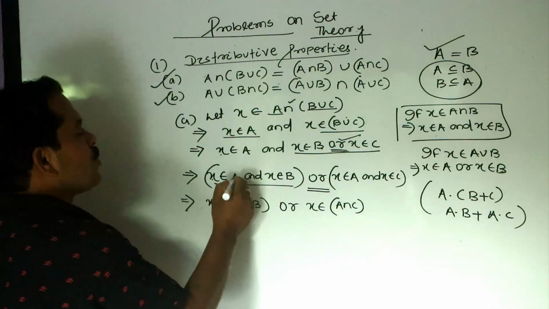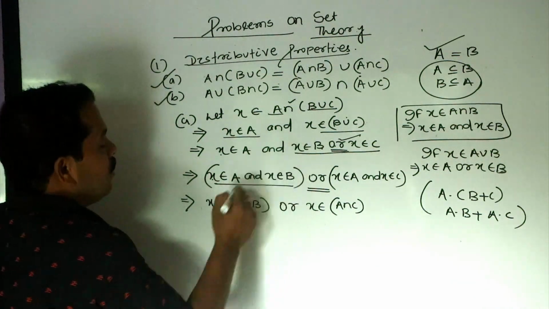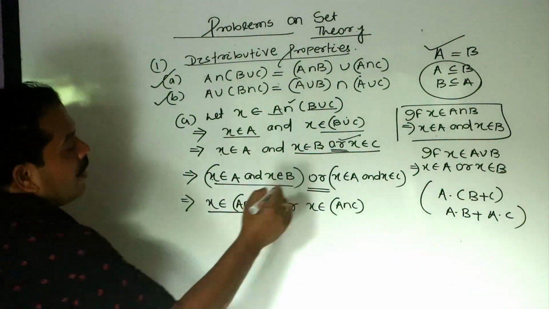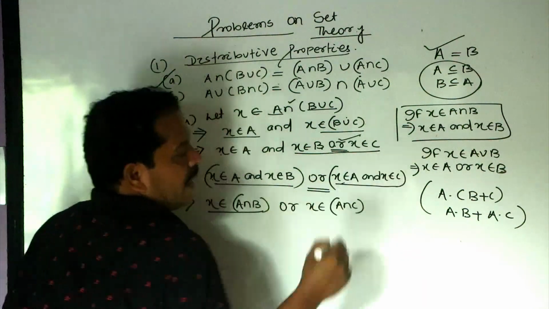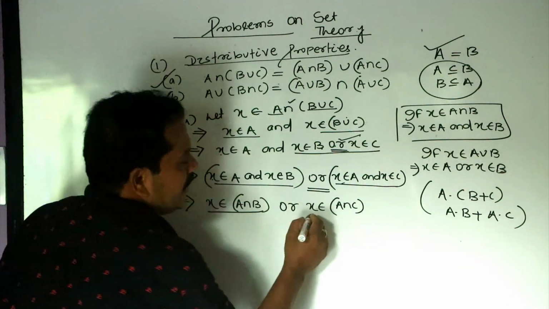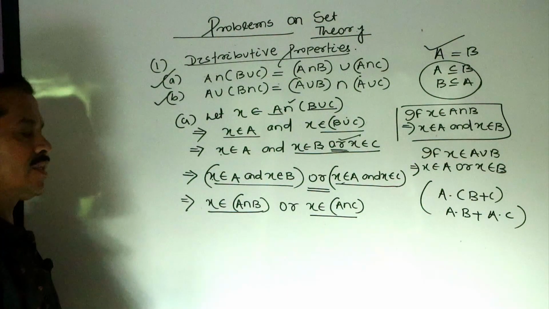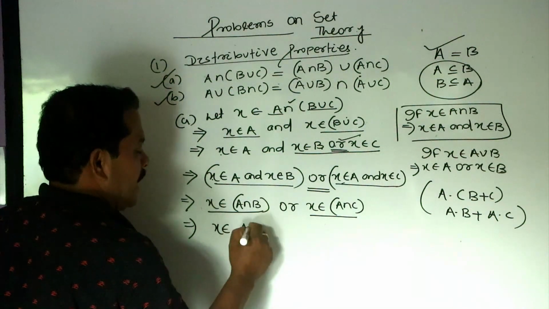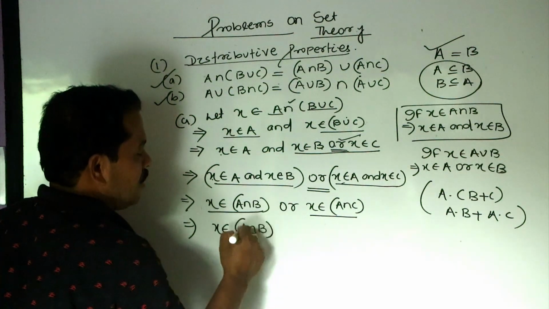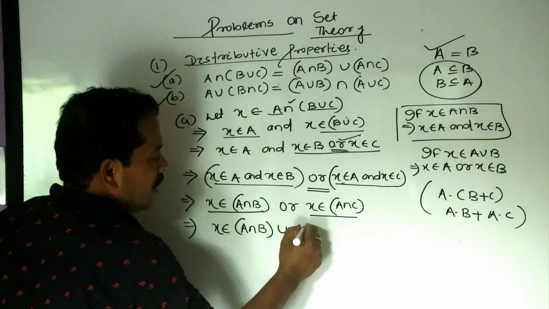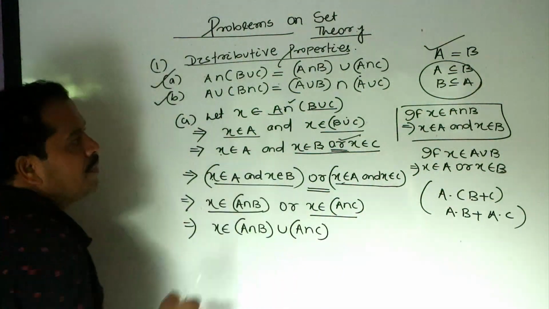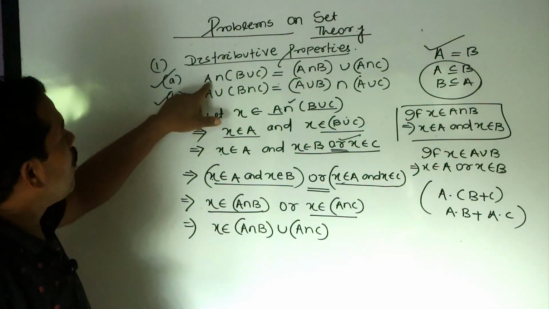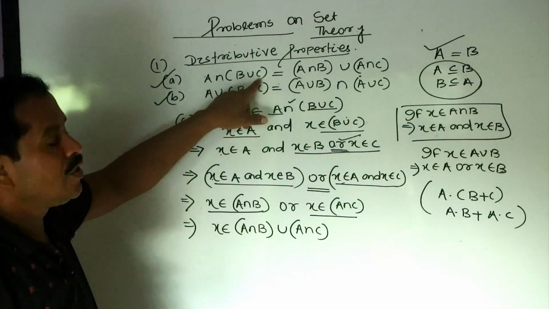For x belongs to A and x belongs to B, we write x belongs to A intersection B. For x belongs to A and x belongs to C, we write x belongs to A intersection C. Now this can be written as x belongs to (A intersection B) union (A intersection C). We took x belongs to A intersection (B union C).